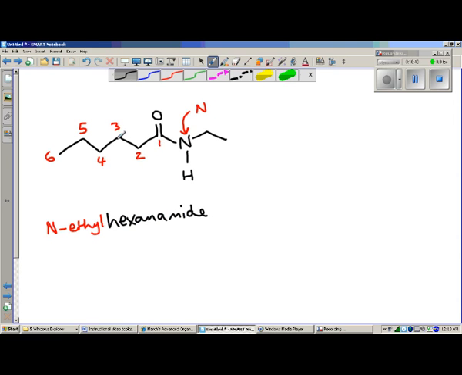And if we had 2 ethyl groups coming off here, we treat it just as if we would treat 2 ethyl groups coming off carbon 3. We wouldn't say 3-diethyl, we'd say 3,3-diethyl. So therefore, if there's 2 ethyl groups coming off N, you want to mention N twice. In other words, if these are methyl groups, this would actually be N,N-dimethyl, in this case butanamide.